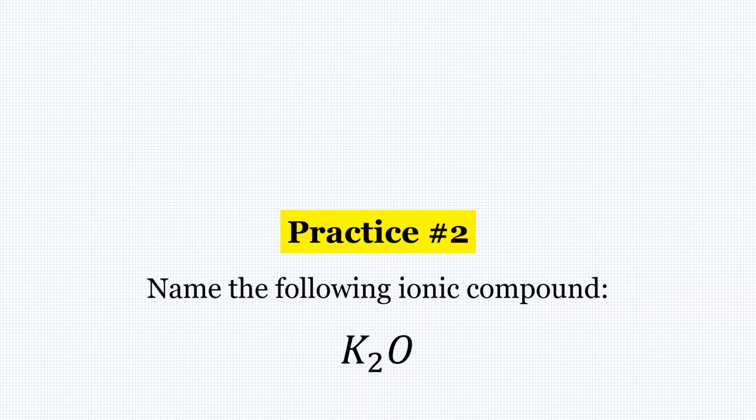Here's our next example. We have potassium. And our anion is oxygen. We're going to change the ending. So instead of oxygen, it's going to be oxide. For this third example, we have lithium. And instead of nitrogen, this is going to be nitride.